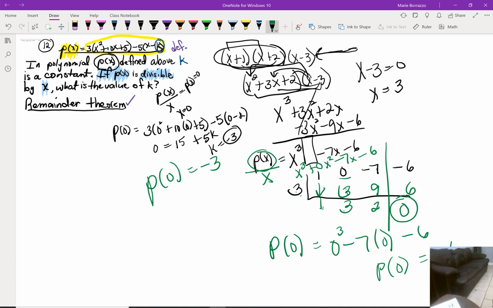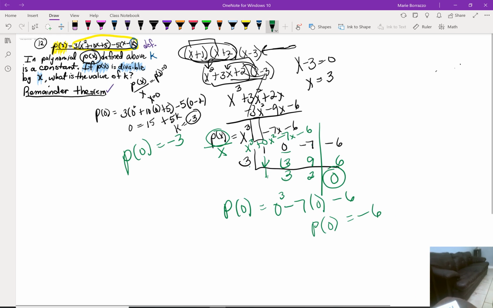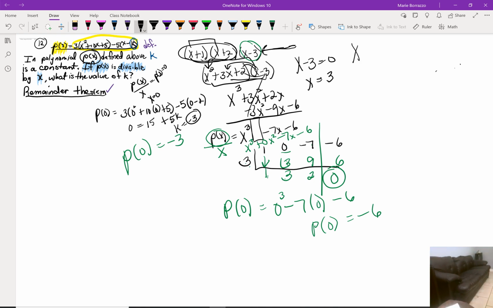So when we look at these examples, when we substitute in a value, remember I said this is one of the factors. Let's use a factor that is not part of the polynomial. Let's use something like x minus 5, where x minus 5 equal to 0 means that x is equal to positive 5.